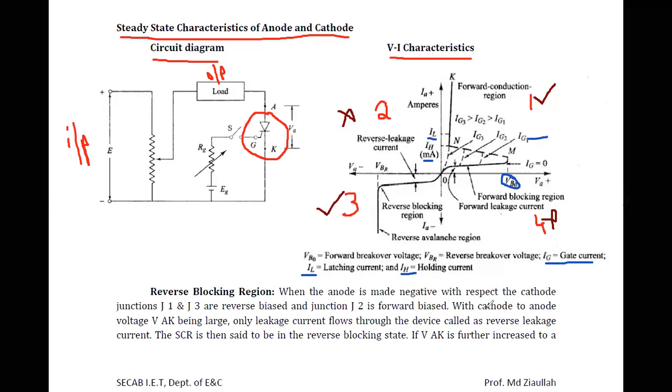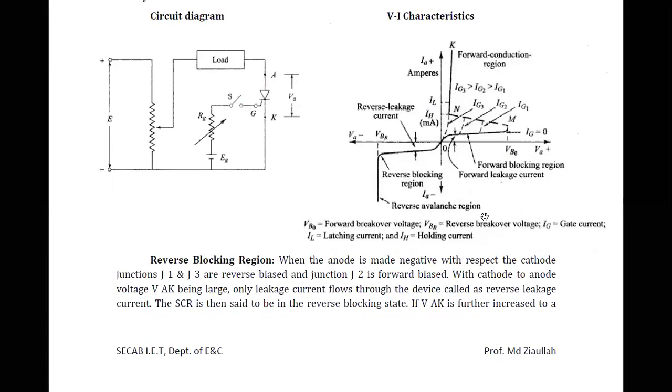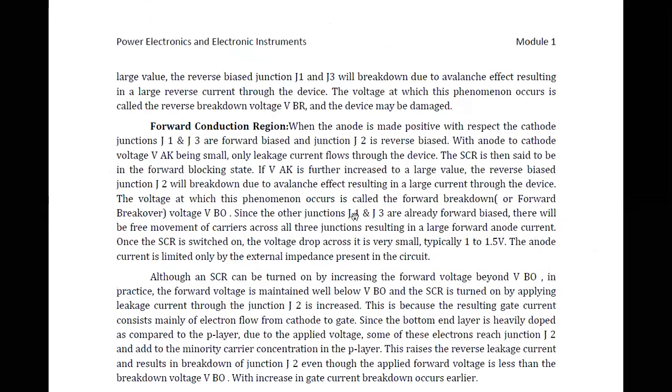Now let us study when the thyristor will be in the forward blocking or conduction region or the reverse blocking region. That is what is more important. Let us take three different conditions here.